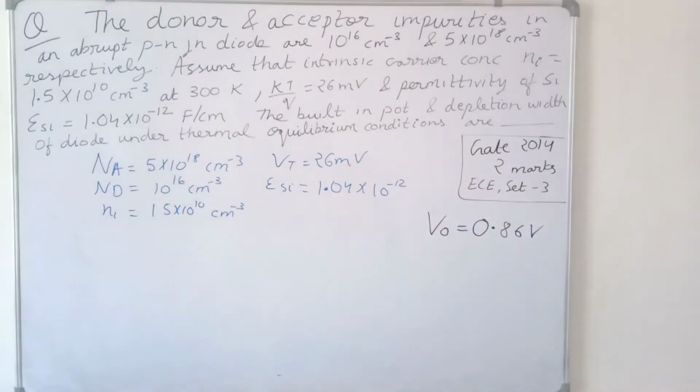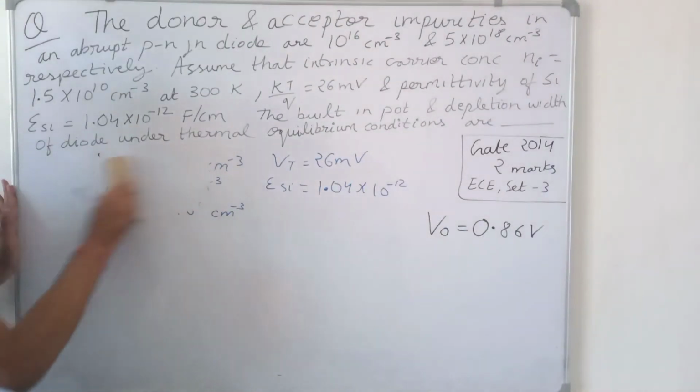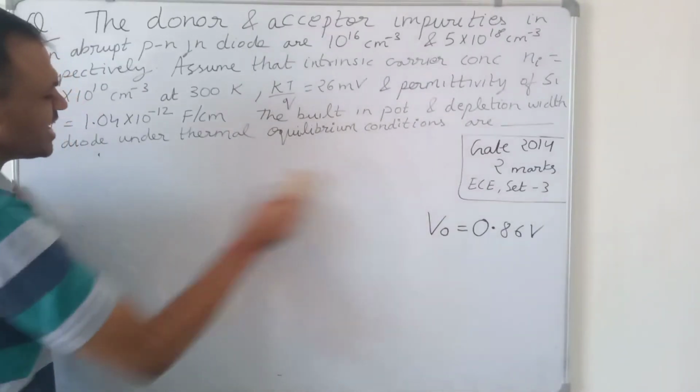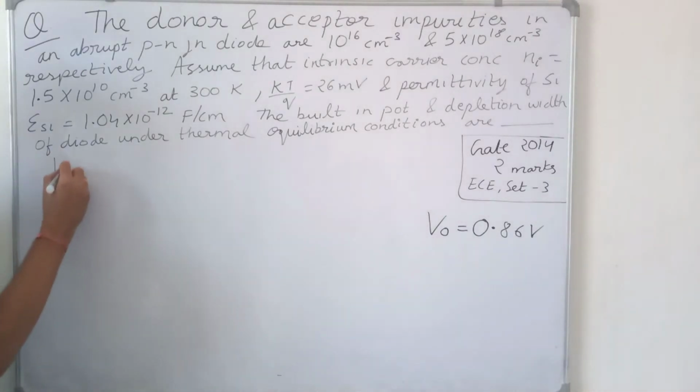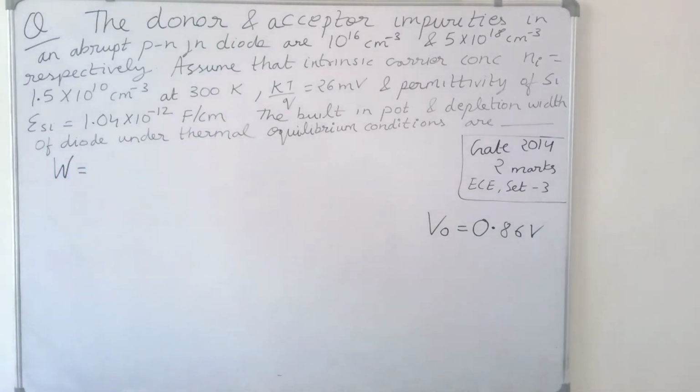Okay. Now we have to find the depletion width. In the calculation of depletion width, I will try to use the virtual calculator as little as possible, because the virtual calculator is very time consuming.